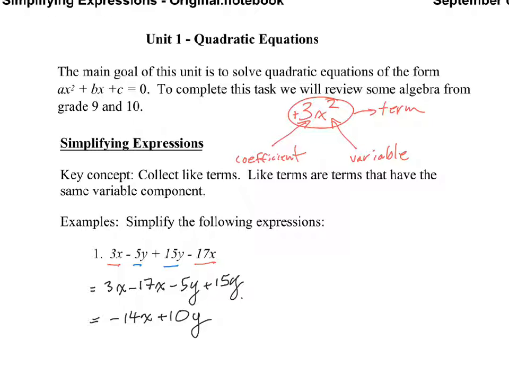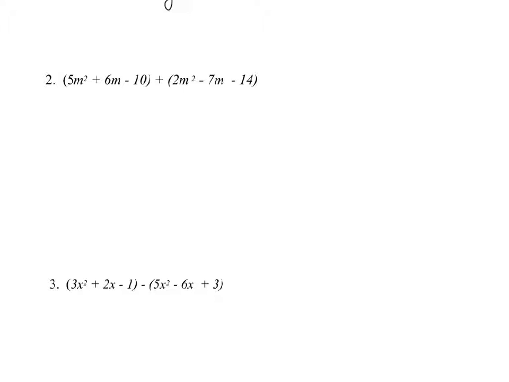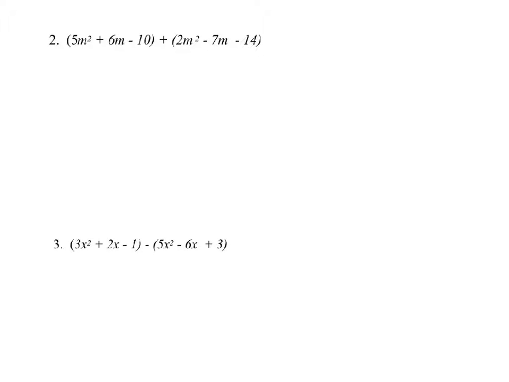Now we'll move on to the next problem. For these problems, we're looking at how brackets affect a plus sign. The first bracket here doesn't have any plus or minus in front of it, so essentially you can drop the bracket. So we get 5m squared plus 6m minus 10.